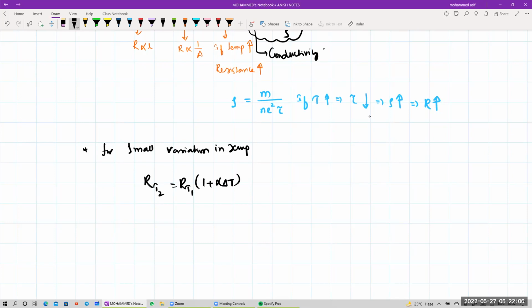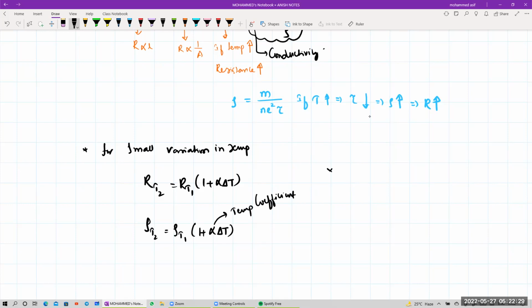Similarly, resistivity rho at temperature T2 is equal to resistivity at temperature T1 into 1 plus alpha into delta T. Delta T is the temperature difference, and alpha is the temperature coefficient. Very important formula.